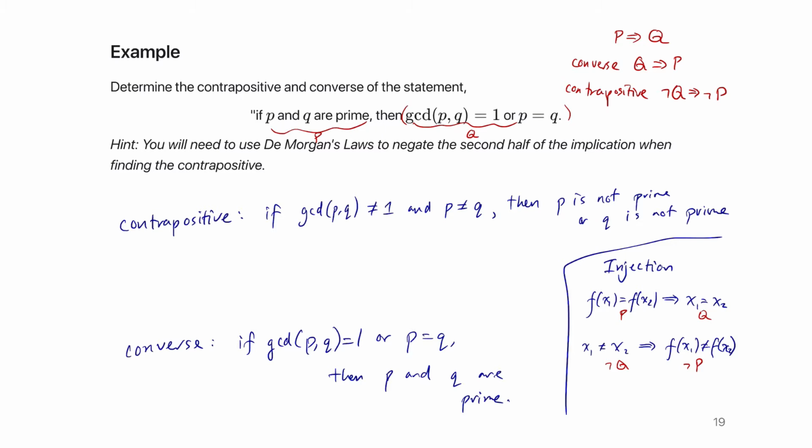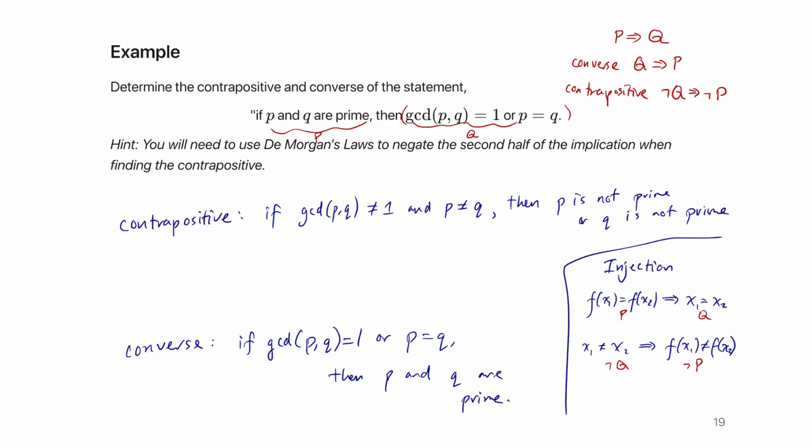So the contrapositive says if the GCD of P and Q is not 1 and P is not equal to Q, then at least one of them is not prime. And notice the negation of both are prime is at least one of them is not prime, which is the same as it's not the case that both are prime.